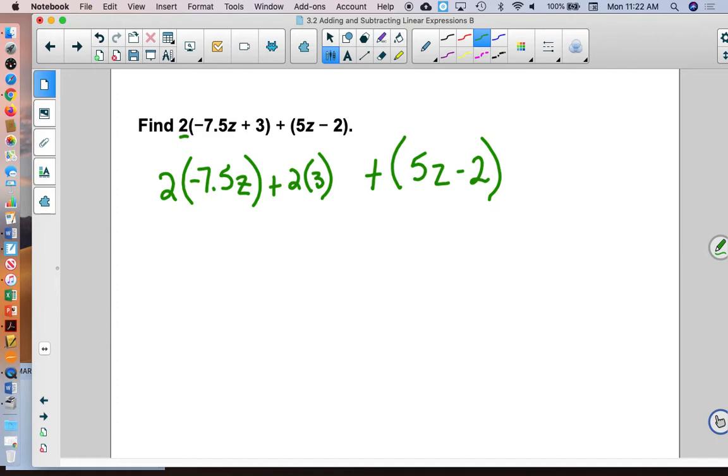Okay, when you distribute that 2, what is negative 7.5 times 2? And at this point, you can use calculators to multiply. If you're not, you're cheating yourself, because some of you don't multiply very well.